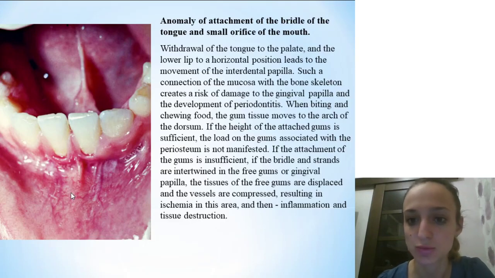Anomaly of attachment of the bridle of the tongue and small orifice of the mouth, such as connection of the mucosa with the bone skeleton, creates a risk of damage of the gingival papilla and the development of periodontitis. And when biting and chewing food, the gum tissue moves on to the edge of the dorsum.